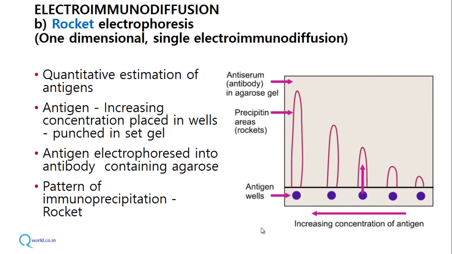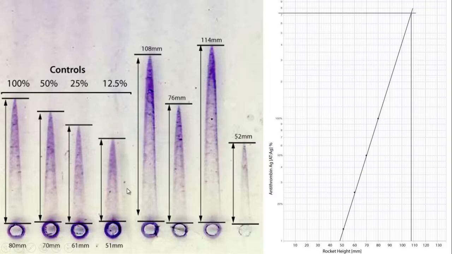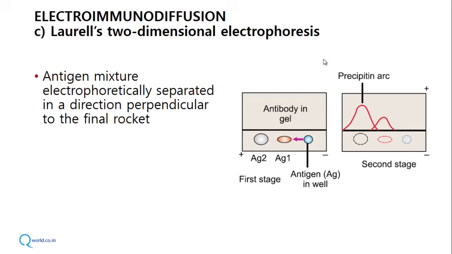The antigen will move towards the antibody along with the electric current, and as per the concentration you will see bands of different heights. By using control bands of known heights and known concentration, we can measure the height of our test band, and by plotting a graph we can know how much antigen is there. So we can do a quantitative estimation of antigen.